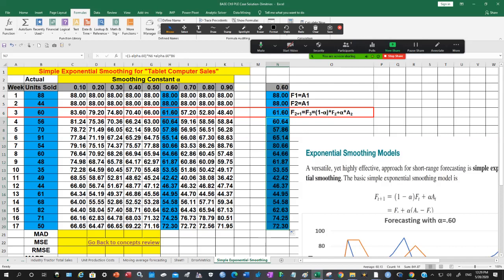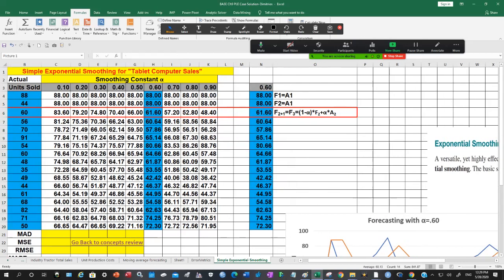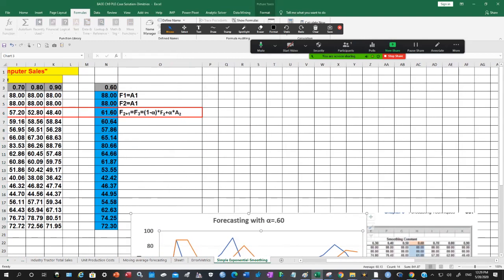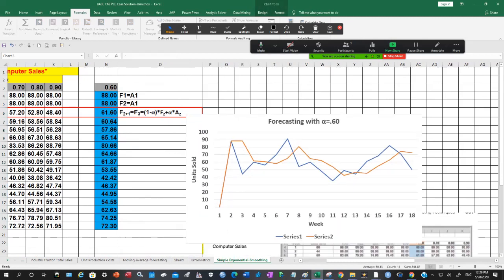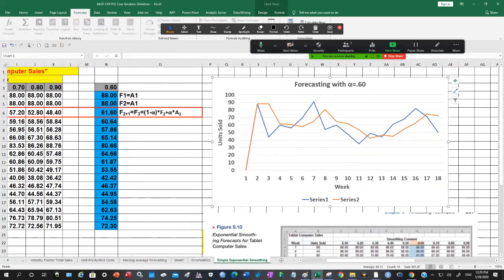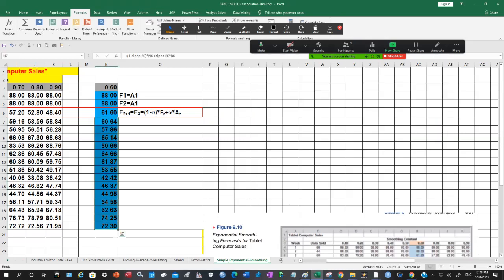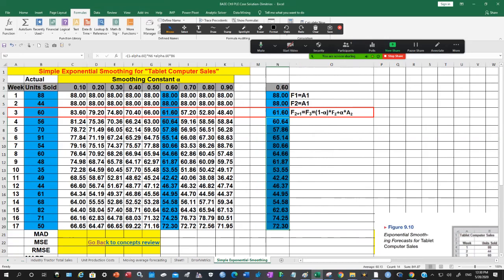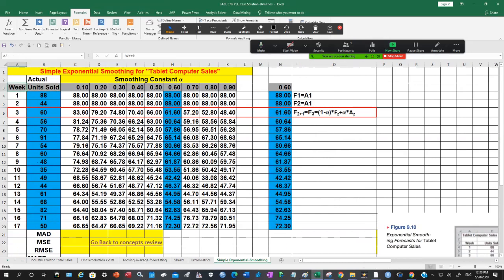And I created those. And then what I also want to do, I want to graph the actuals versus the forecast values. And so let me actually delete this, and I will show you for alpha equal to 0.6. So I'm going to select these two columns, the week, the actual.